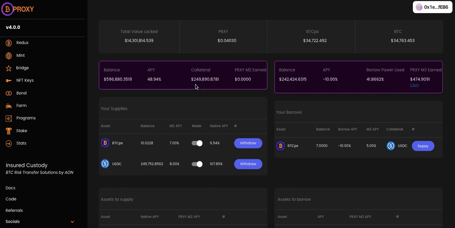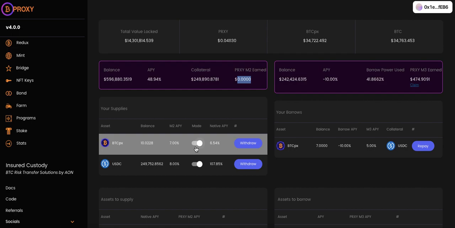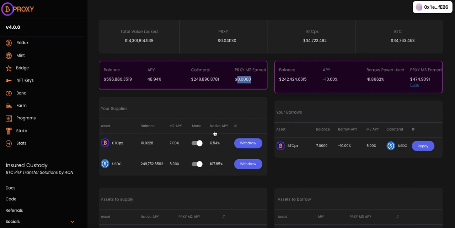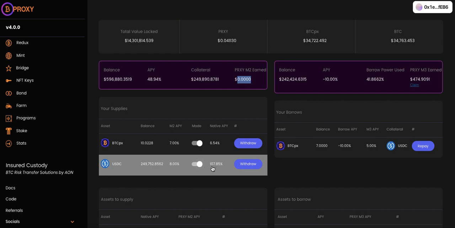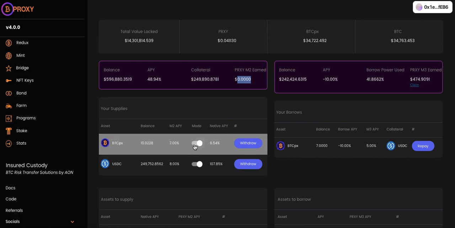They're using 249,000 in collateral, and they're earning 0 in proxy mode 2 interest. That is selected here. In this case, this user has opted to receive native APY of 6.54% as opposed to the mode 2, as shown by this toggle. Here they've opted to receive the high USDC interest rate as opposed to the mode 2 interest rate, but they can switch if they move this toggle.